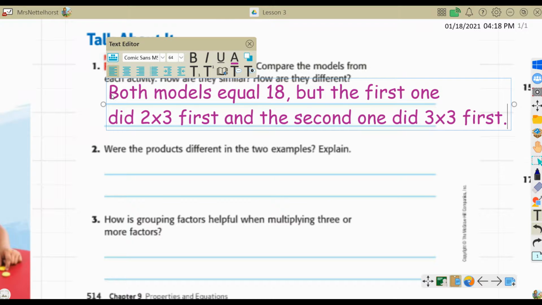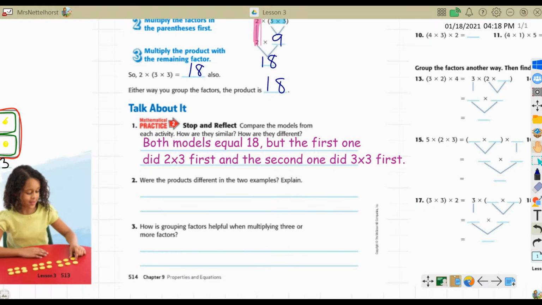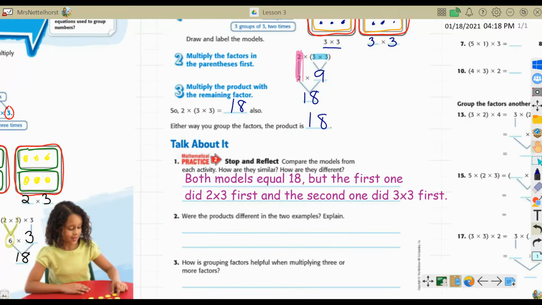Were the products different in the two examples? Now remember that the products are the answers to the multiplication problems. And so looking back at it, were the products different? So let's take a look. The product in this one was 18.